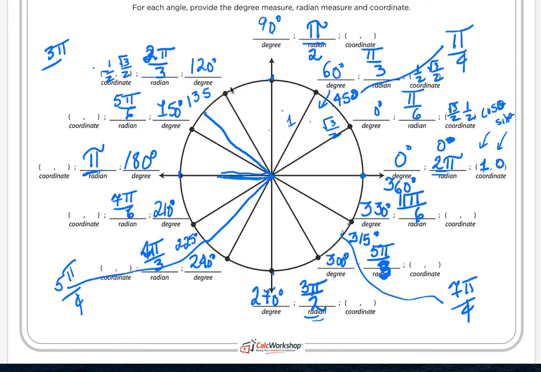And so you're going to keep doing this. It's for every 30, 60, 90 triangle. That's exactly what it's going to be. It's either going to be 1/2 or square root of 3 over 2, and you have to just decide which position is which. So like if I go over here, let's say to 225 degrees, I'm going to look at that, and okay, here's my angle now.